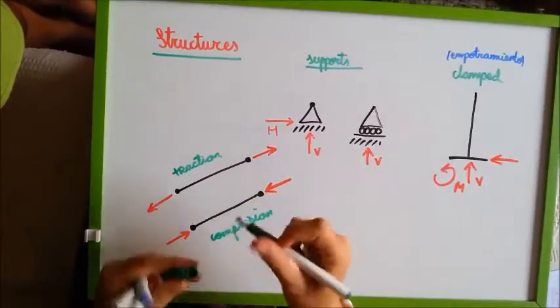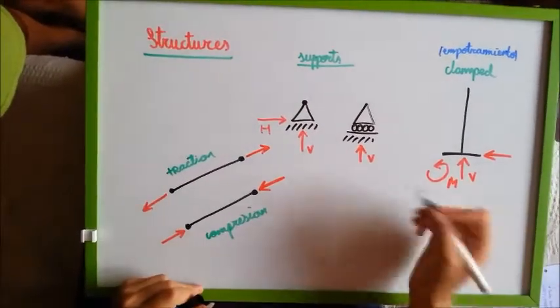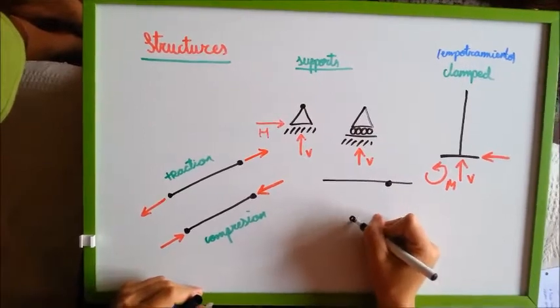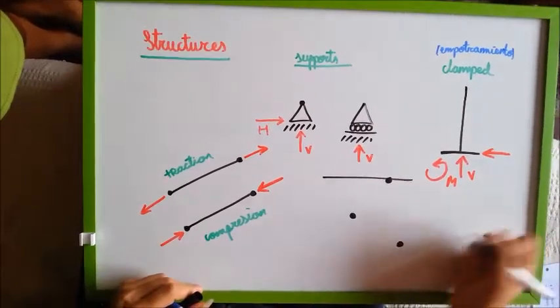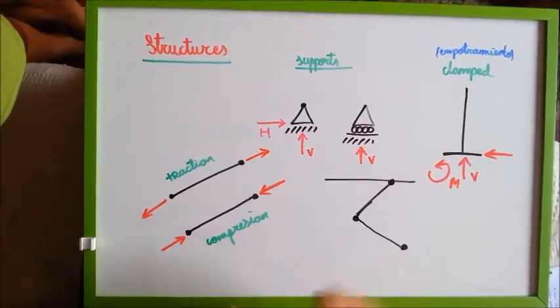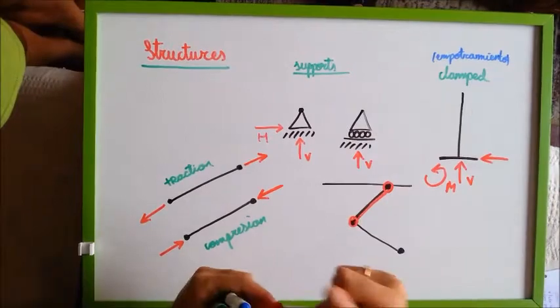And now we have an important concept. If we have an articulated rod, for example, a rod like this, articulated here and here.